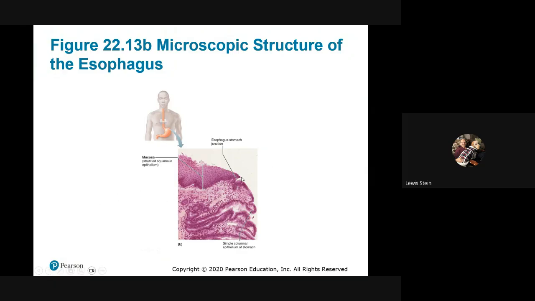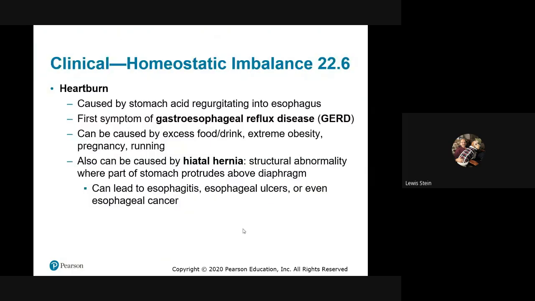And so you can see sharp transitions here from stratified squamous non-keratinizing in the esophagus. Now you begin to see in the stomach that transition occurs right there. Now you have simple columnar. And what you're seeing there, you might remember we talked about, are the gastric pits. The pits are where, and we'll look at the anatomy of the pit, the pepsinogen is made, where the hydrochloric acid is made.